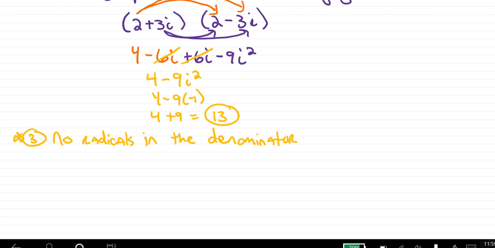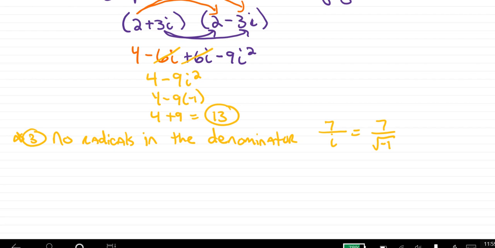So with that in mind, if I have something like 7 over i, even though it might not look like a radical, what i stands for is the square root of negative 1. So we do have a radical in the denominator at that point. So what you're going to need to do is get rid of the radical in the denominator.